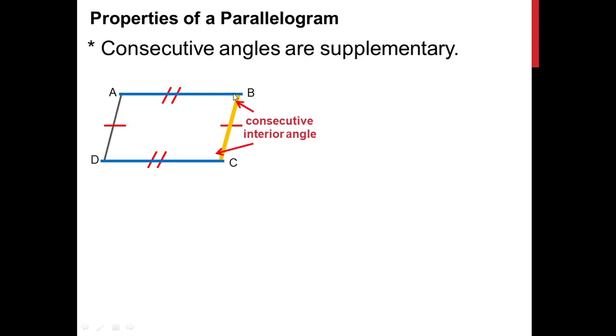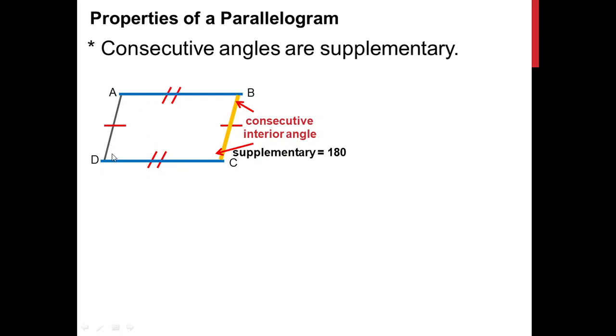Now, if this parallel line is being cut with this transversal line, it means that these angles here are consecutive interior angles. And based on that lesson, we know that consecutive interior angles are supplementary angles, which equate to 180 degrees.